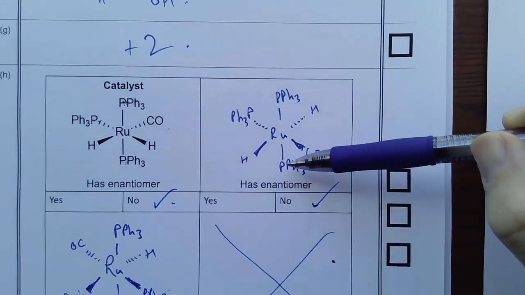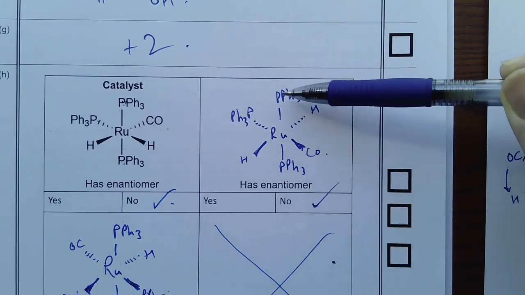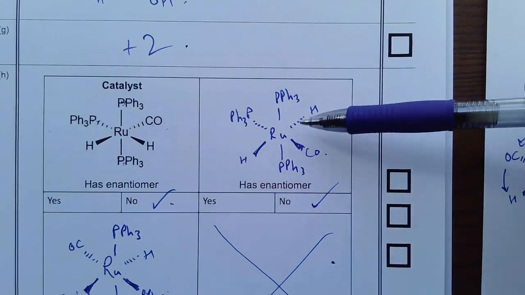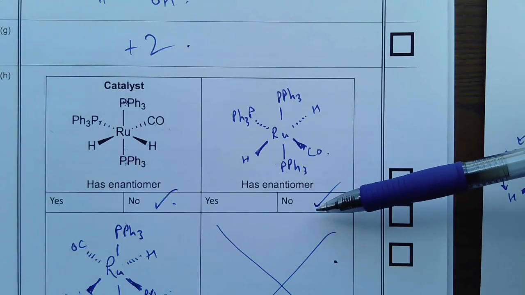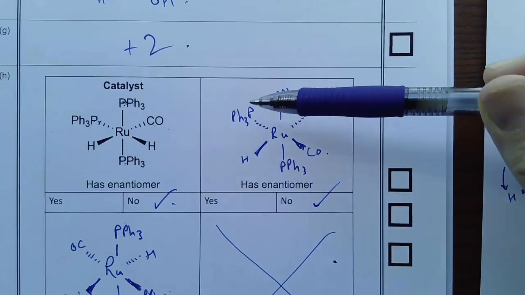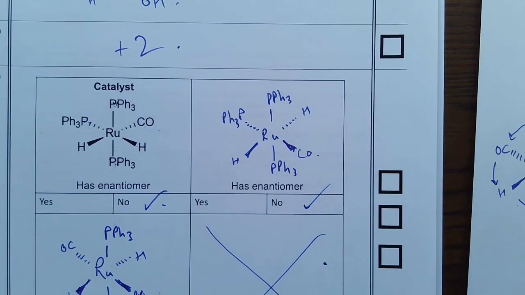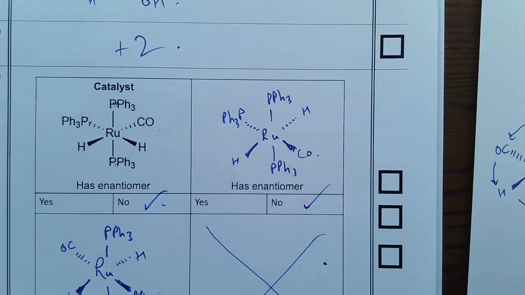And you ask the same question here. Obviously if it's an enantiomer, it must all be connected in the same way. So it must have the PPh3s in the plane and it must have the 2 hydrogens opposite each other. So is there another way that has those features, but isn't this molecule? It should be clear that that's not possible, so that can't have an enantiomer.